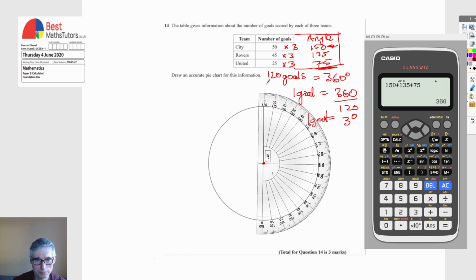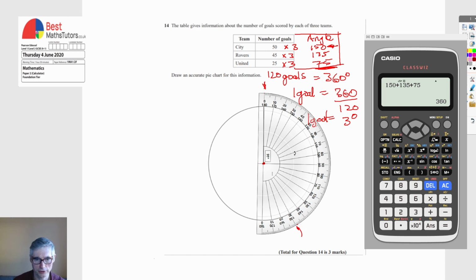So it's important to know which scale the 0 is on, and it's on the outer one. We've got 180 on the inner one, and 0 is on the outer scale there. And so that tells me I'm reading from 0. So I've got to read all the way around on the outside scale to 150. So that is there. I'm just going to make a mark at 150 there.